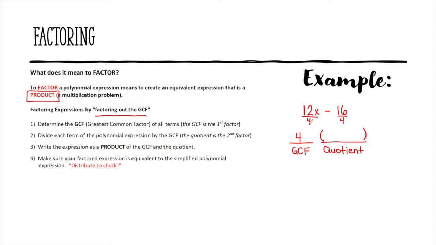And we're going to get 12x divided by 4 is 3x. Negative 16 divided by 4 is negative 4. To get a final answer of 4 parentheses 3x minus 4. The answer is not 4. The answer is not 3x minus 4. The answer is 4 parentheses 3x minus 4.